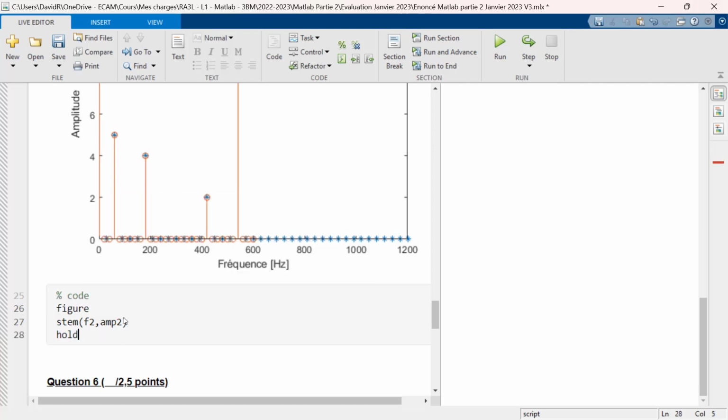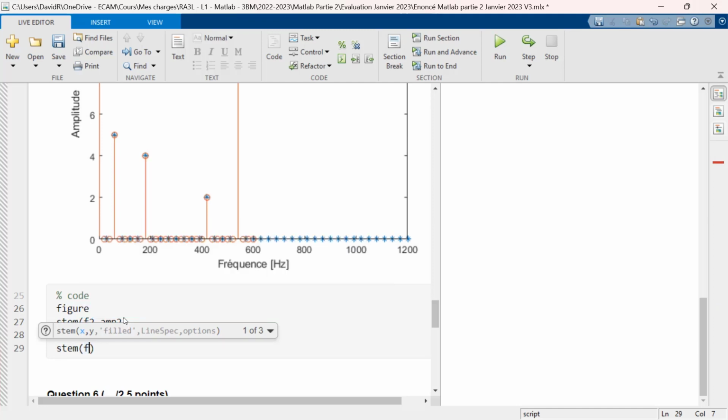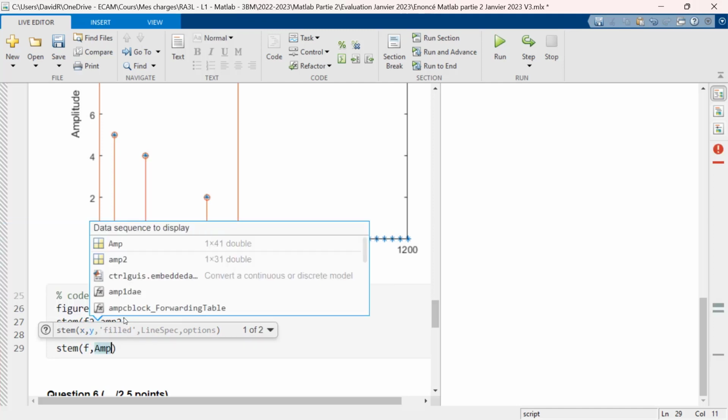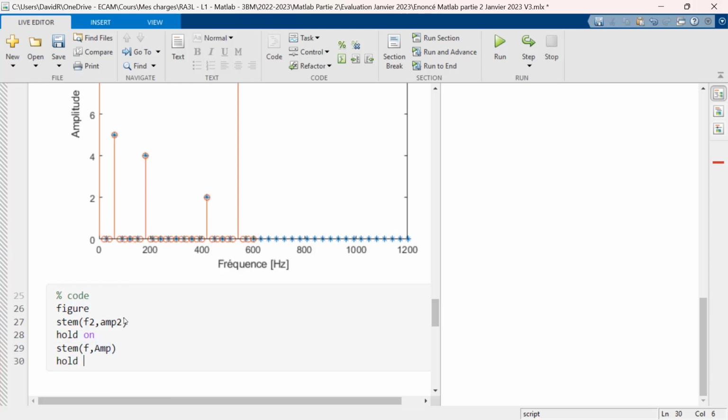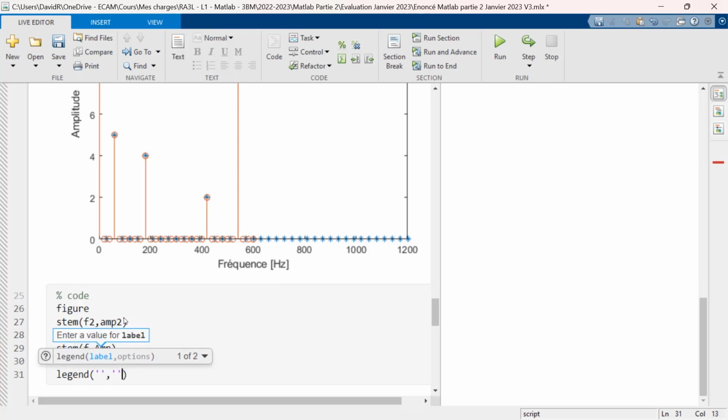Je vais faire ensuite un hold on et puis je vais faire un stem de F, mon vecteur des fréquences que j'ai créé pour le premier signal, et l'amplitude que j'avais calculée, qui était ici simplement comme ceci. Je vais ensuite faire un hold off et puis je vais venir mettre une légende en précisant que j'ai d'abord mis le signal 2 et puis je suis venu mettre le signal 1.